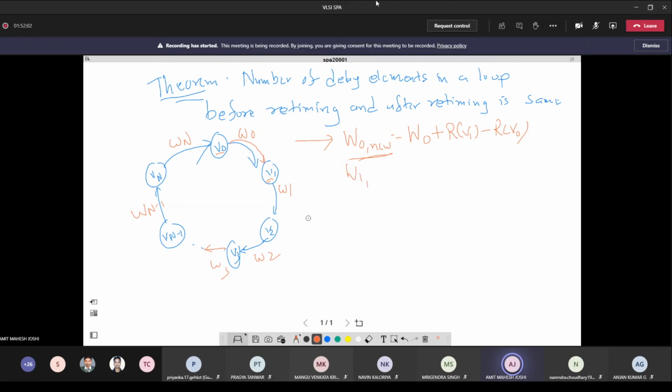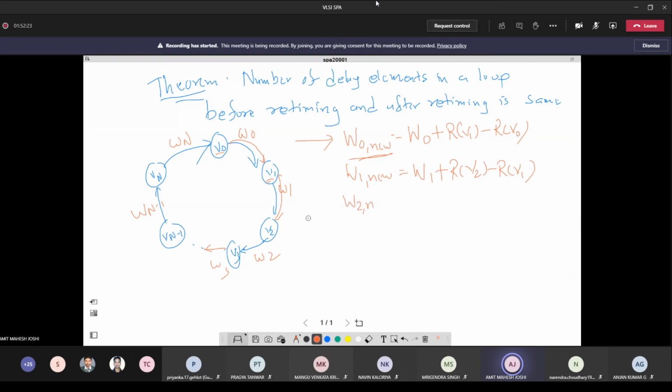Similarly, W1 new, that means I am talking about this edge. So W1 new is equal to W1 plus R of V2 minus R of V1.